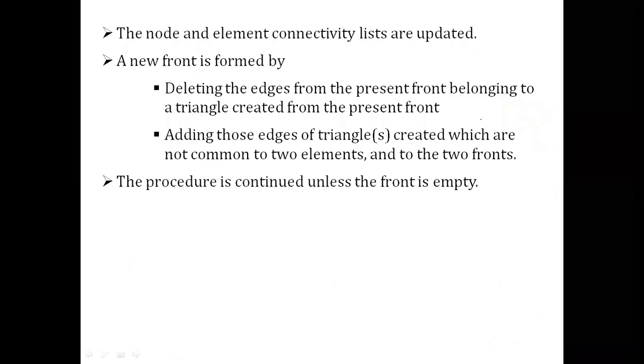So once you have done that, you simply prepare a node and a connectivity list, and the front actually moves forward as the nodes are moved forward. This procedure continues until you cannot put another node due to the condition that I have just explained, that the two nodes should be at a fair distance.